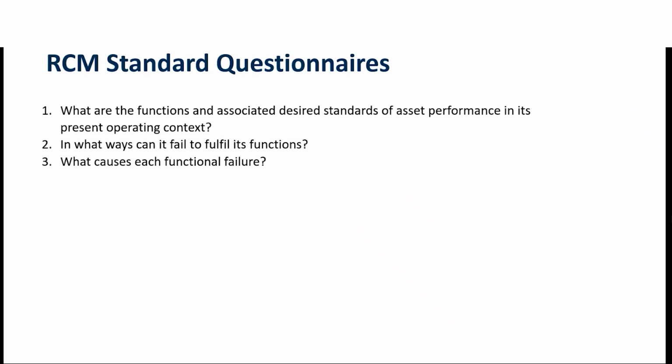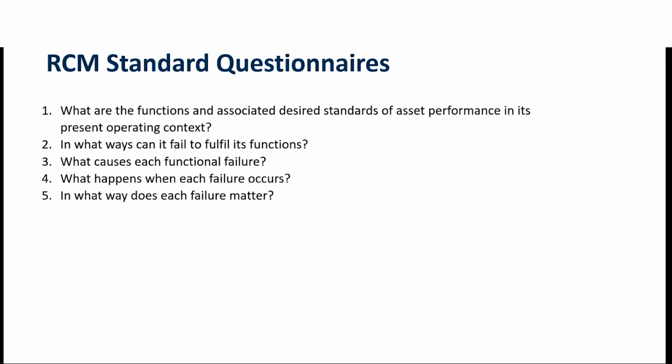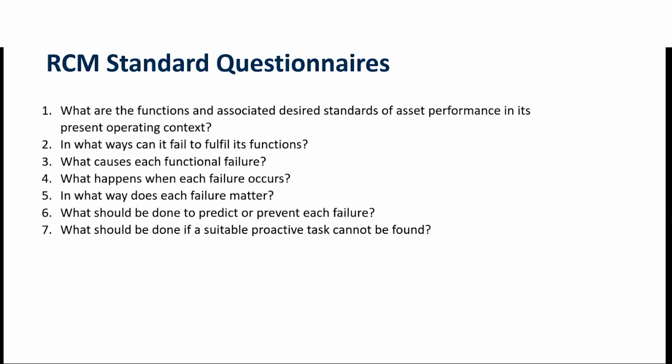Third, what causes each functional failure? Fourth, what happens when each failure occurs? Fifth, in what way does each failure matter? Sixth, what should be done to predict or prevent each failure? And the last one, what should be done if a suitable proactive task cannot be found?